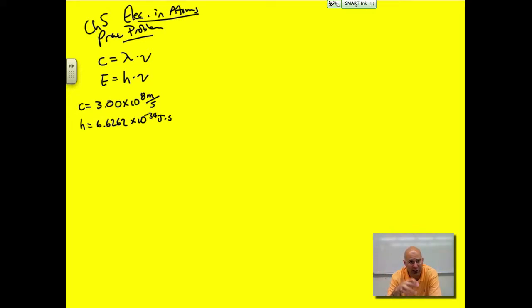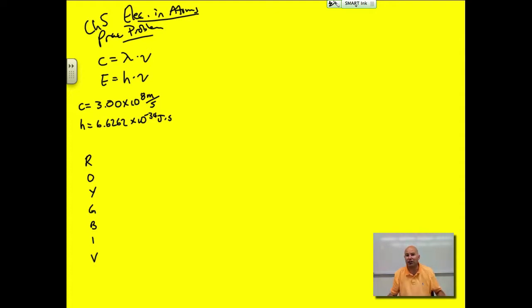The other little wrinkle in using these formulas is the electromagnetic spectrum, and even more specifically the colors of the rainbow, the visible light spectrum, and knowing what their wavelengths are.